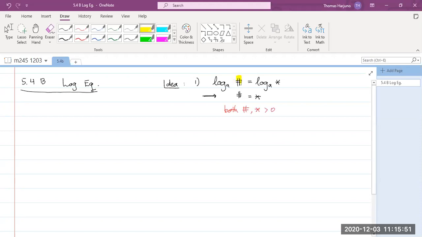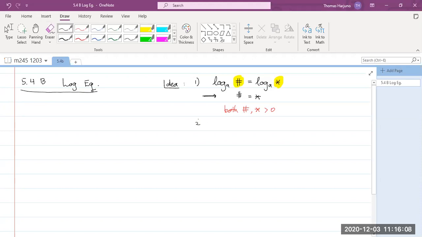Once you solve it, you need to check if the x that you found makes the argument positive. If it is negative or zero, you have to exclude it.